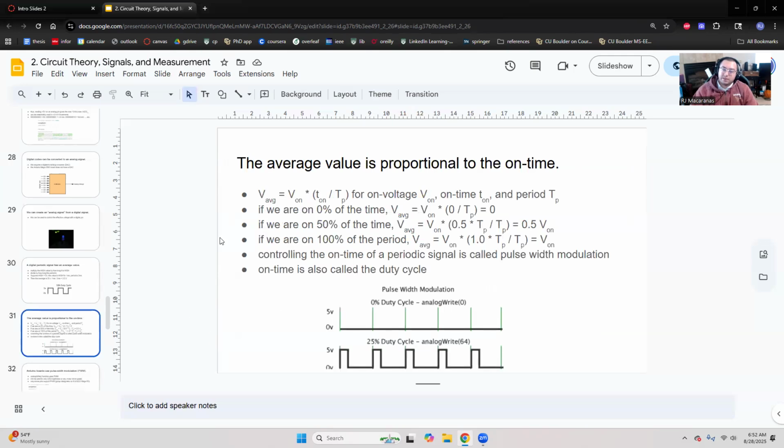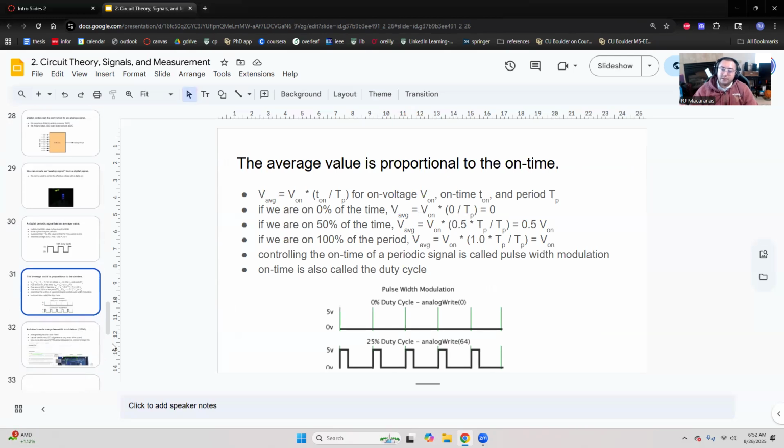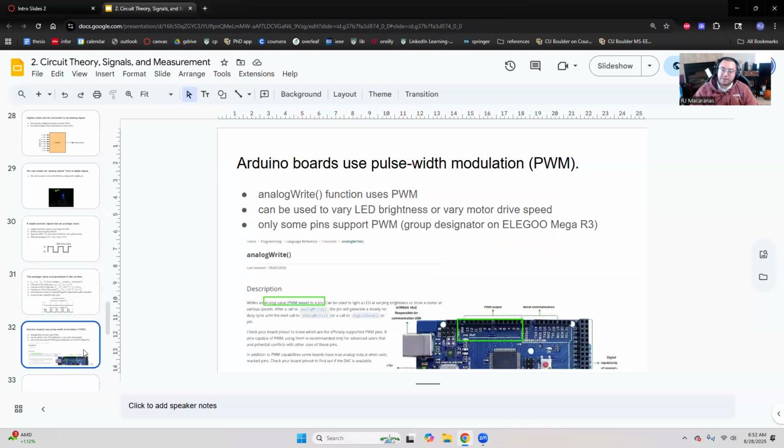And this goes into more detail about how this average value is proportional to the on time. So if we control this periodic signal's on time, we can effectively control the voltage, right? It's not necessarily a perfect representation of the voltage, but it does a good job when going sufficiently fast.